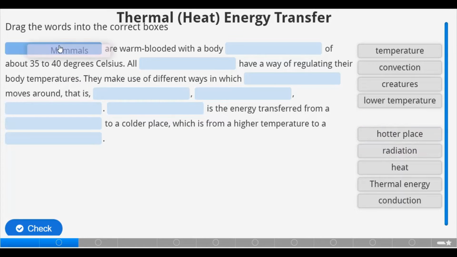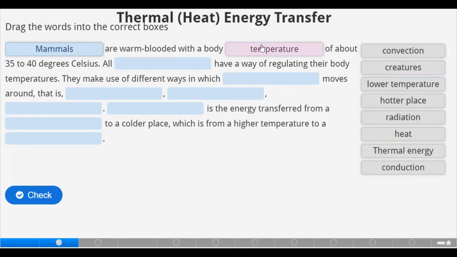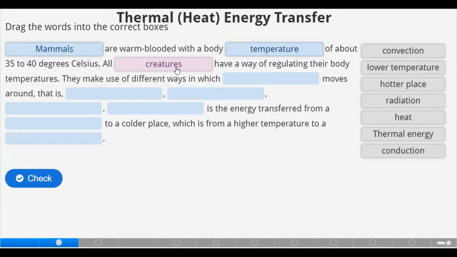Mammals are warm-blooded with a body temperature of about 35 to 40 degrees Celsius. All creatures have a way of regulating their body temperatures.